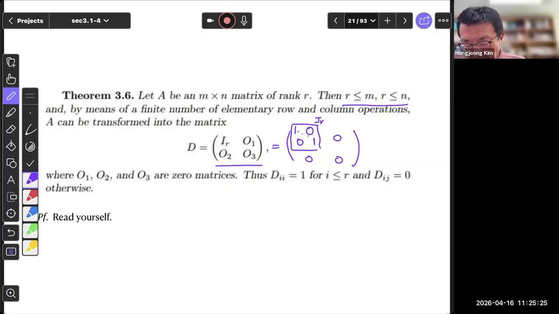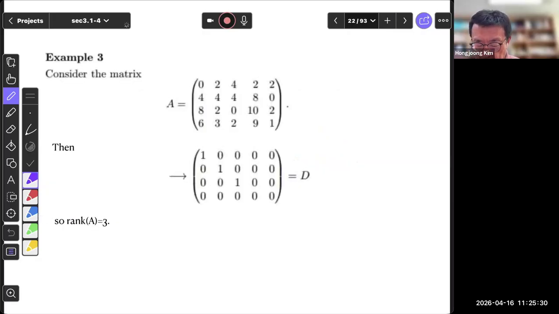So for example, if I have a matrix, how can I obtain D from A?